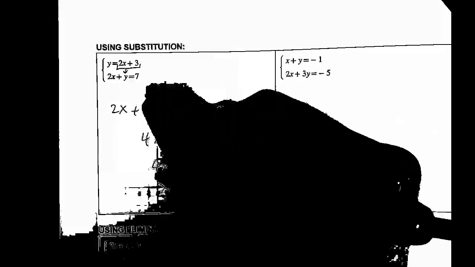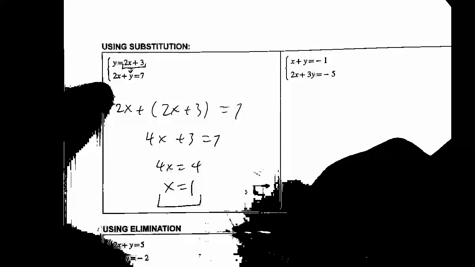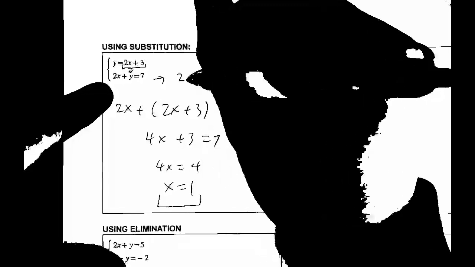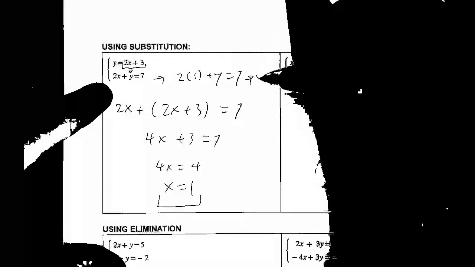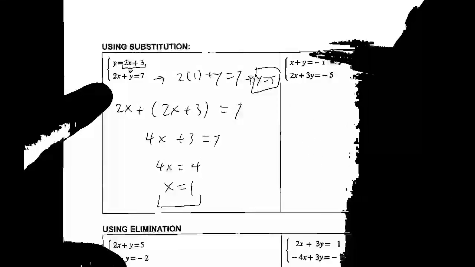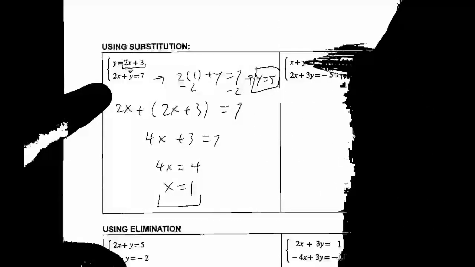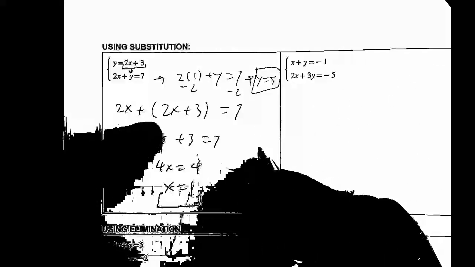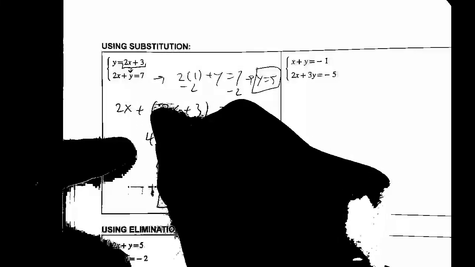And then we take this value that we get and we plug it back into one of these to solve for y. So I could say that 2 times 1 plus y equals 7, or y equals 5. Okay? Because I subtracted 2 from both sides here. And here, I just combined like terms, subtracted 3 from both sides, and then divided by 4.